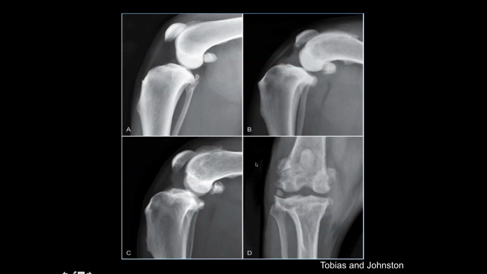As we follow a knee that's undergone an ACL tear, it goes from early signs with just some effusion here, hardly an osteophyte or arthritis or bone spur at the end of the patella, to this x-ray here, where there's significant effusion. You can see that fluid coming all the way out here. You can see we're starting to get major bone spurs at the kneecap.